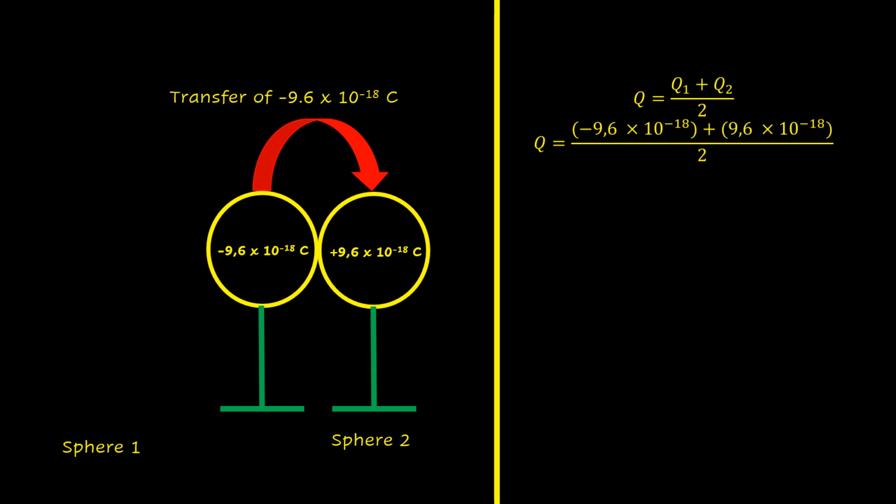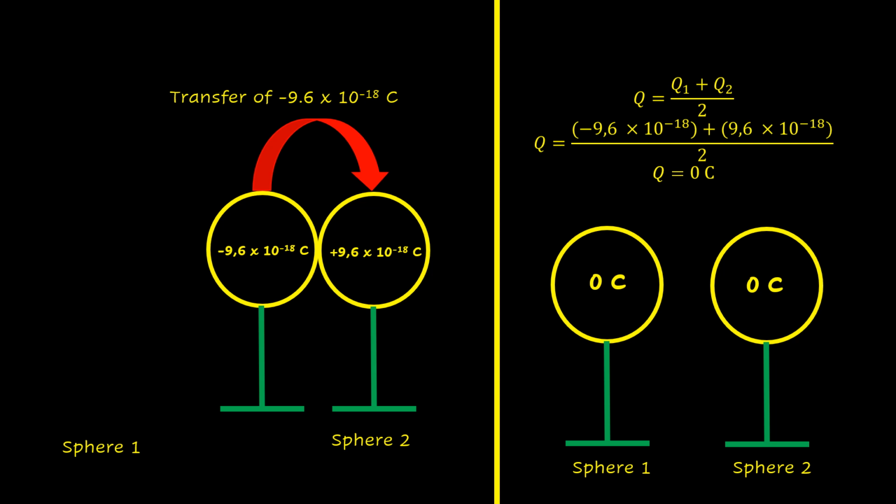If you put these two values on a calculator, we will find that the new charge on each sphere after touching, when we separate them, is equal to 0 coulombs. So both spheres after touching will now be neutral, because each of them will have a charge of 0 coulombs. Sphere 1 and sphere 2 will have a charge of 0 coulombs or 0 C.